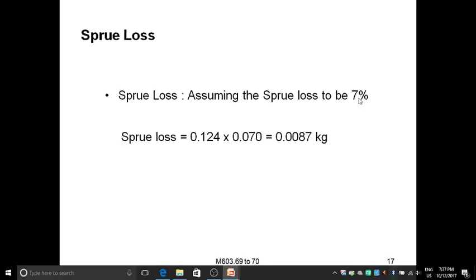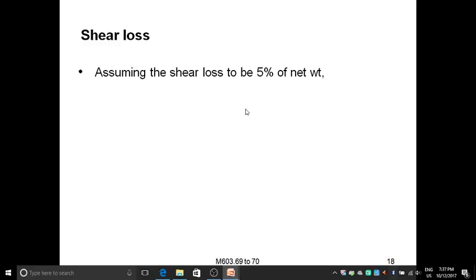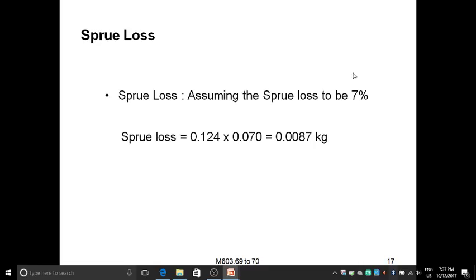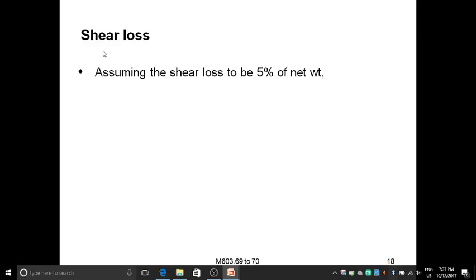So this is 7% of the net weight of the object, and the net weight of the object is 0.124 kgs. You multiply it with 0.07, and you will get the sprue losses. Now the shear losses.